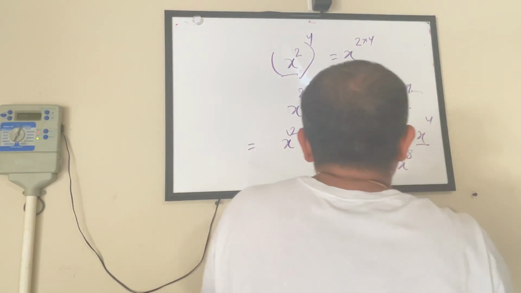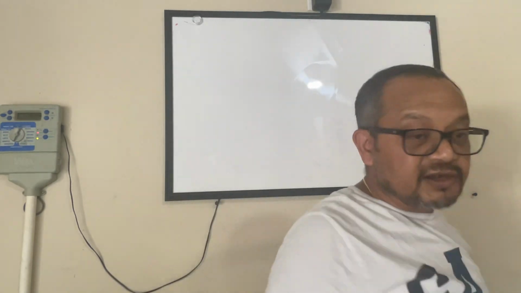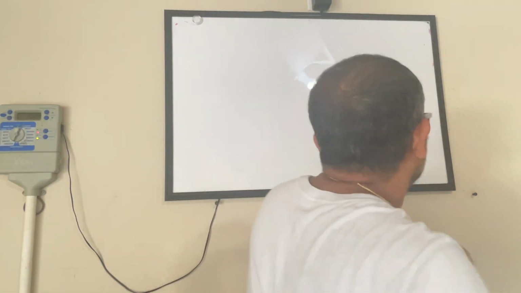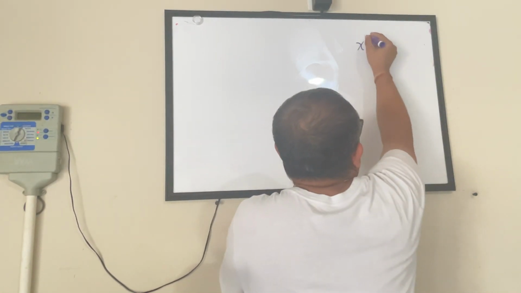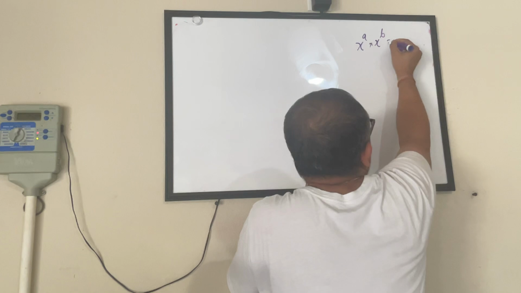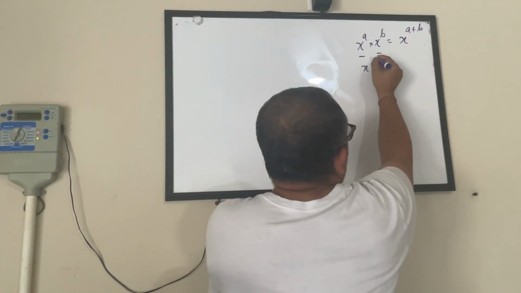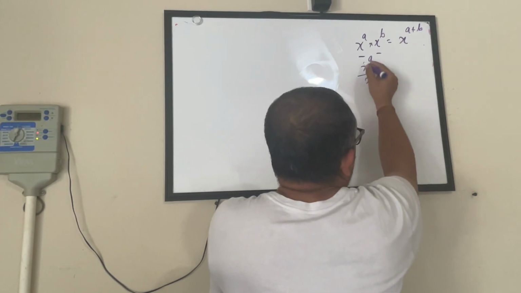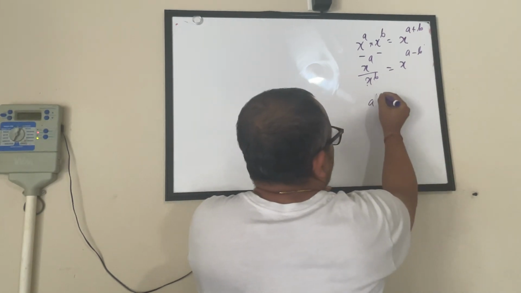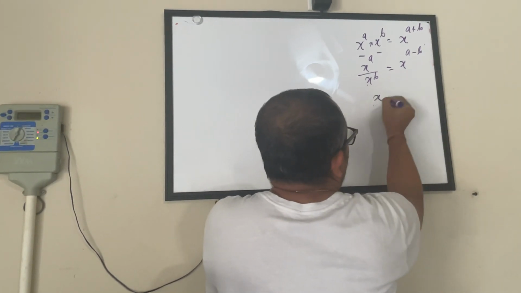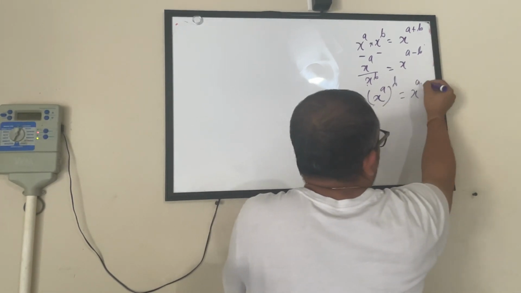Alright. These are easily relatable rules, but it's very important for us to always remember them through practice. x to the power a into x to the power b, my base is same, my power gets added. x to the power a divided by x to the power b, my base is same, the exponent gets subtracted. x to the power a, to the power b, my power gets multiplied.